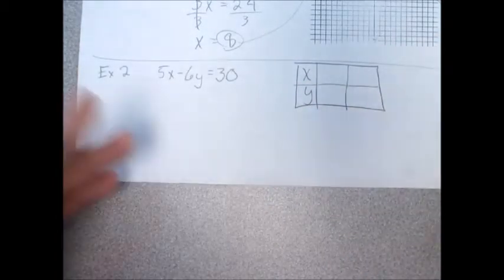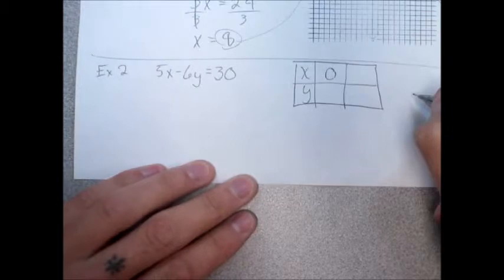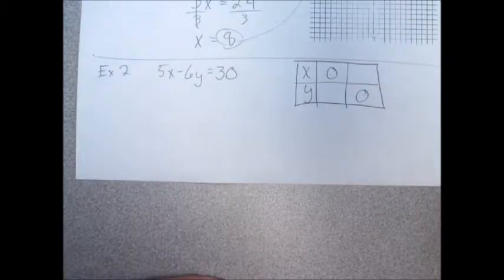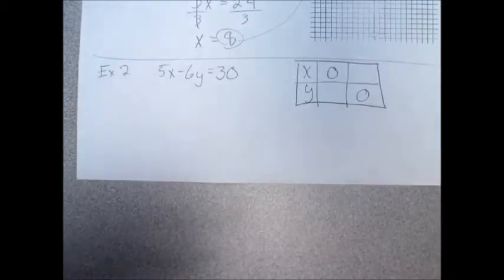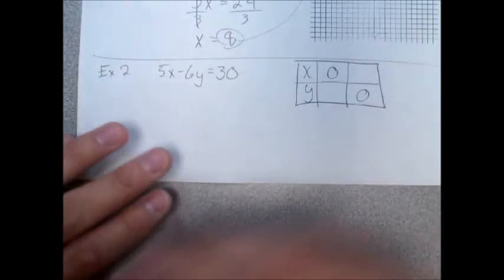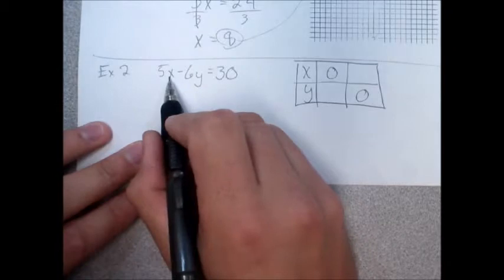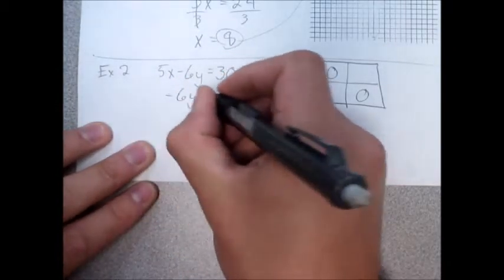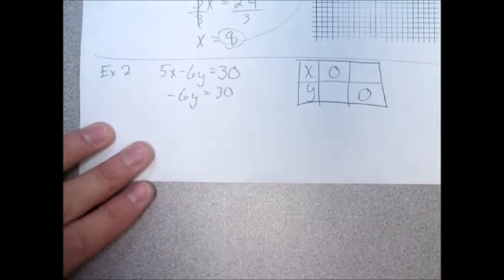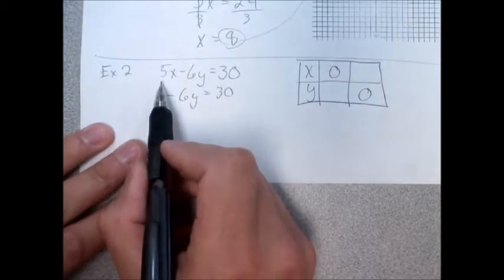I would still give a 0 to one of my x's and a 0 to one of my y's, a staggered set of zeros, and I would solve for the other variable. So I plug in 0 for x, and that leaves me with negative 6y equals 30 to solve. Did I confuse anybody by skipping that step?